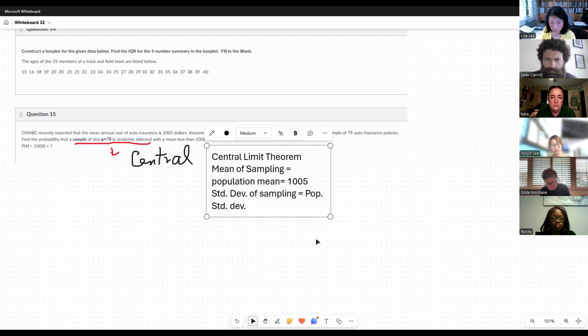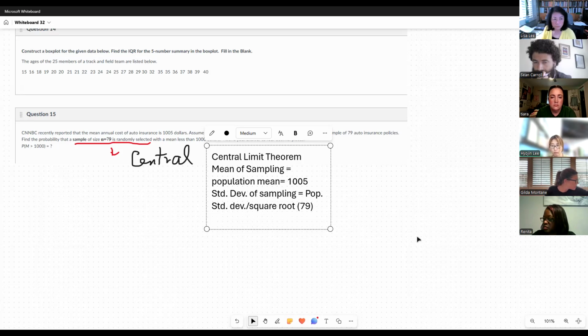We need to take this number divided by the square root of the sample size, and the sample size here is 79. That's the number you need to type in there and divide before we look for the probability.